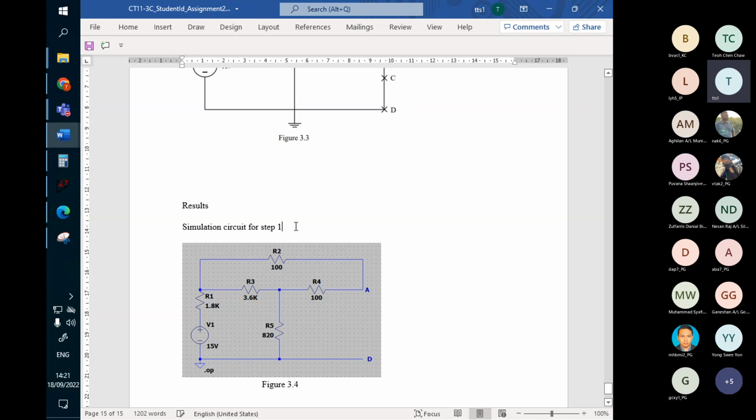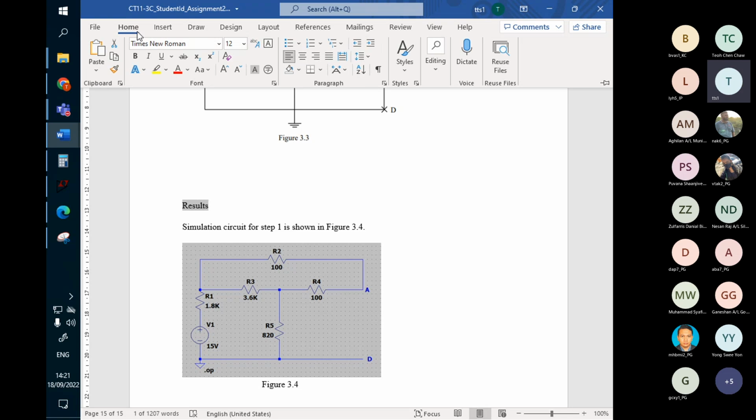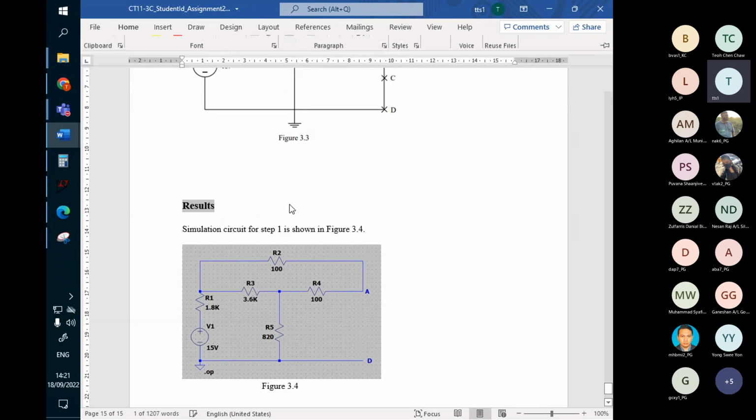Simulation circuit for step 1 is shown in figure 3.4. Change it to bold and 14 point. Okay, so let's consider step 1 done.